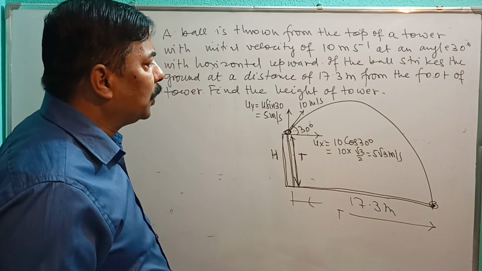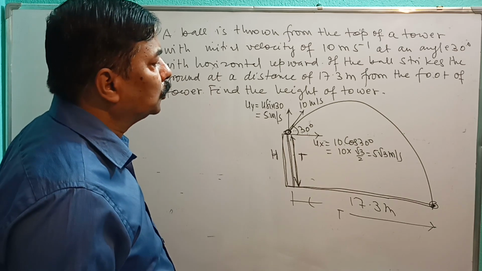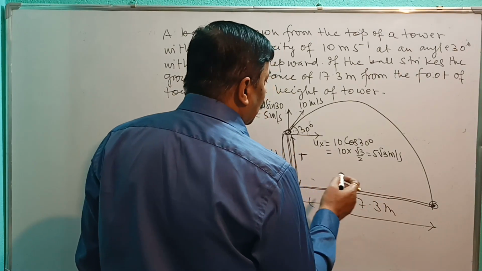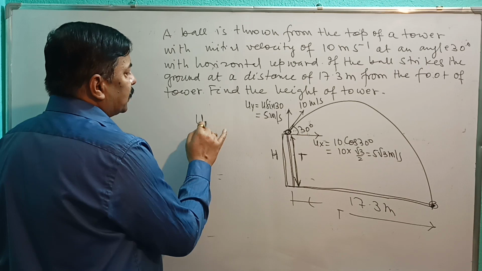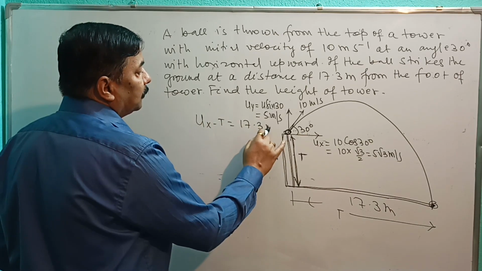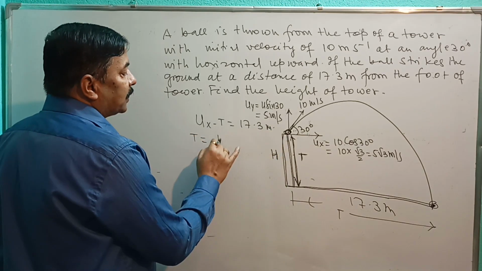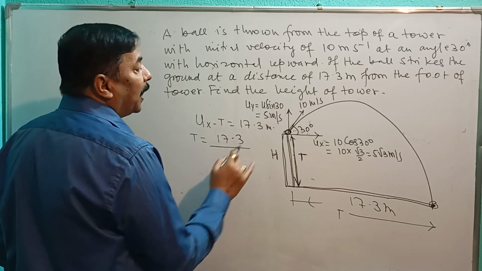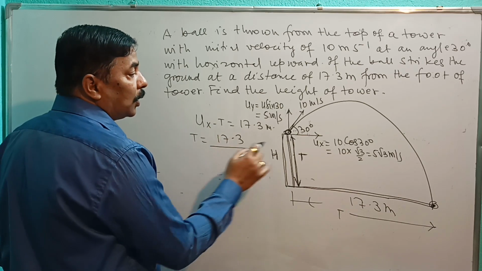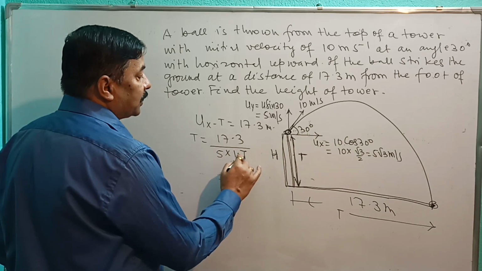If I want to calculate the time, this distance is constant, so ux into time must be 17.3 meter. So time we are getting is 17.3 by ux. ux is how much? 5 root 3, 5 into 1.73.